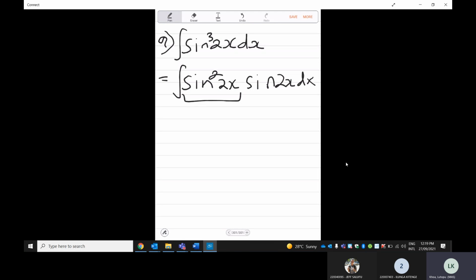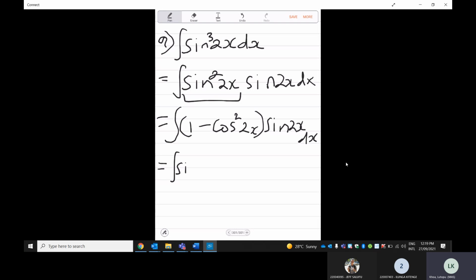If I were to use cos 4x and then I multiply, you would see that I don't have the function and its derivative multiplying, because I'll have cos 4x sine 2x. They're not derivatives of each other. So what I need to do is this sine squared 2x, I must rewrite it as 1 minus cos squared 2x. So this is the integral of 1 minus cos squared 2x sine 2x dx. Now we multiply out our brackets.